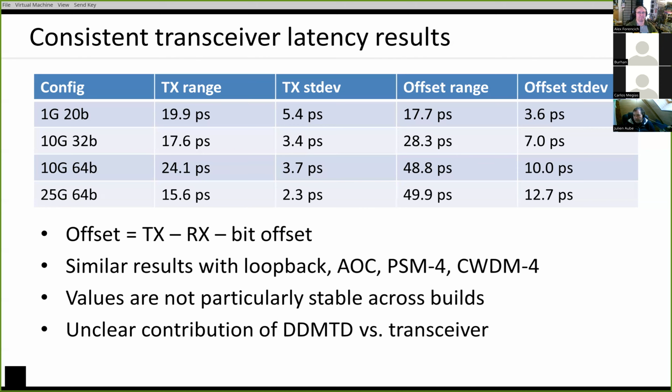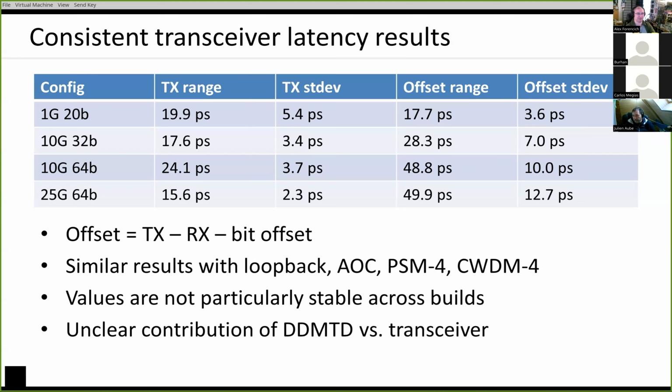But, let me think here. So I think the conclusion is that there's definitely room for improvement, but this is probably the best transceiver configuration to build on top of, right? Because we're actually getting consistent results here in the picoseconds.